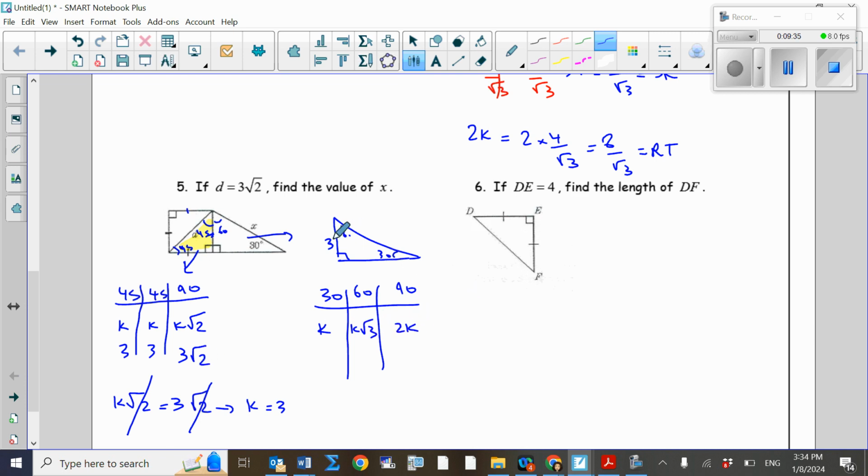Which one do I have? I have the one which is opposite 30. This is 3. Now, what am I looking for? I'm looking for this side. This is x, which is opposite 90. So if I already have k equal to 3, then 2k will be 2 times 3, which is 6. So this side is 6. x is equal to 6.